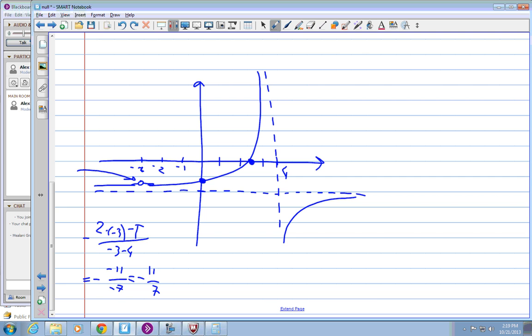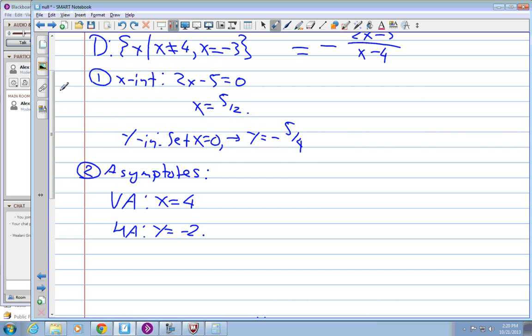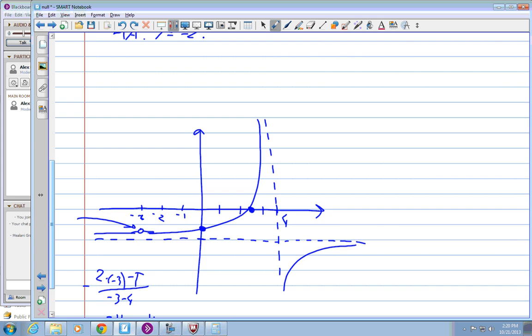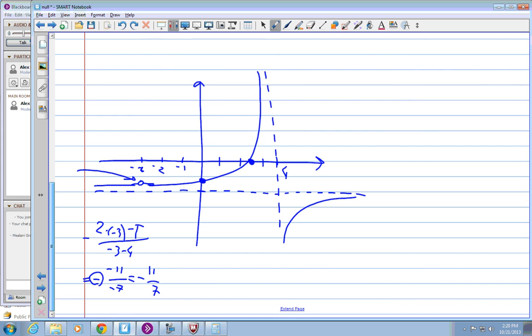But they also have a minus in front. It was always there, right? So negative 11 over 7, that's still above negative 2, right? So it's still above the asymptote. So basically the whole story is you get a hole in there.